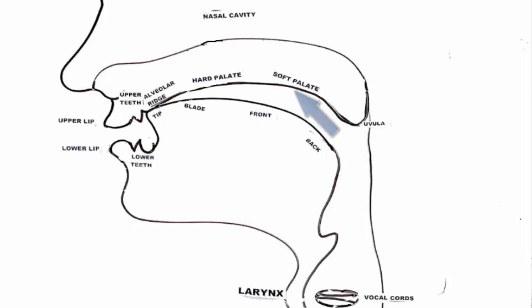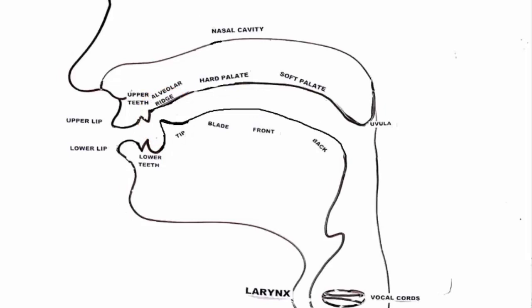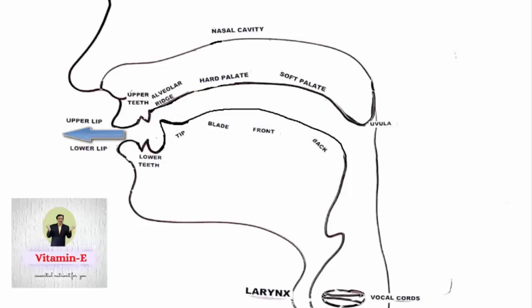So air travels into the oral cavity, but here in this circle you will find that the tip of the tongue is making contact with the alveolar ridge, causing the air to block there, and it will be released only when this active articulator, that is the tongue, is lowered to produce the sounds t and d. As the air releases suddenly with an explosion, this is termed alveolar plosive.